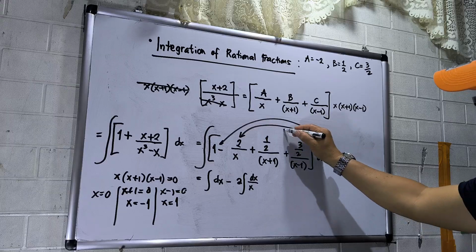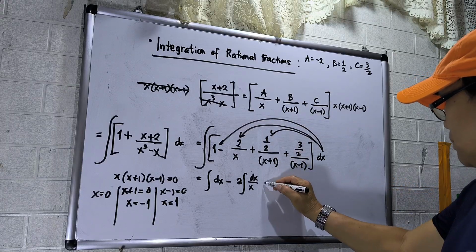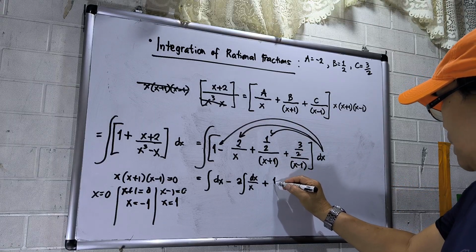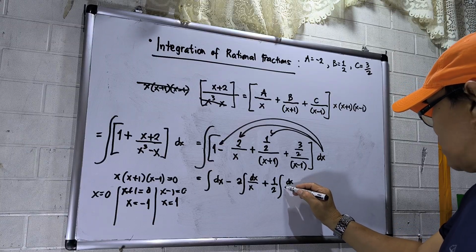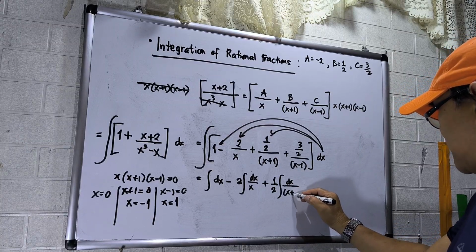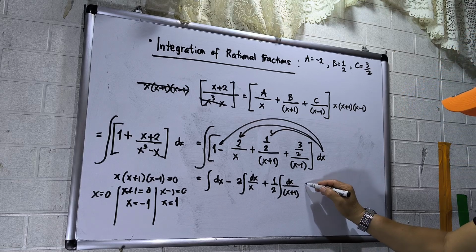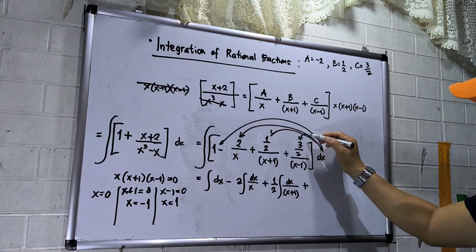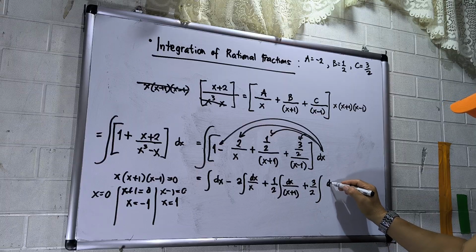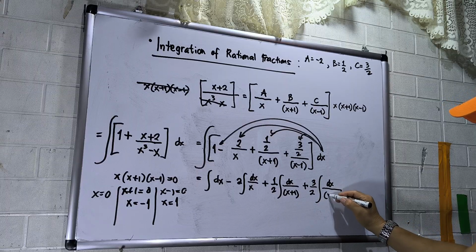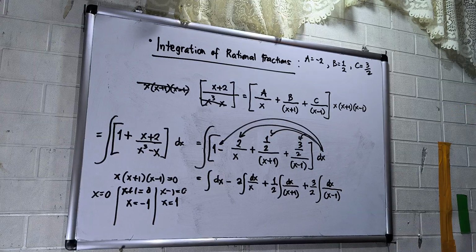The third one. So this will be plus 1 over 2 integral of dx over circle brackets x plus 1. Then plus the last, 3 over 2 integral of dx over circle brackets x minus 1.